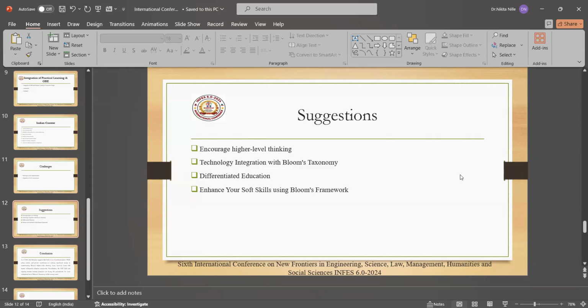Then technological integration with Bloom taxonomy: definitely today AI is helping the students as well as the faculty to bring more creativity during their lectures. Then differentiated education, yes, it's one of the most important things which can be done. And then enhance soft skills using the Bloom framework. So these are the few suggestions the researcher would like to give.